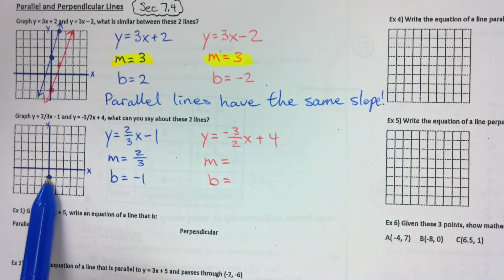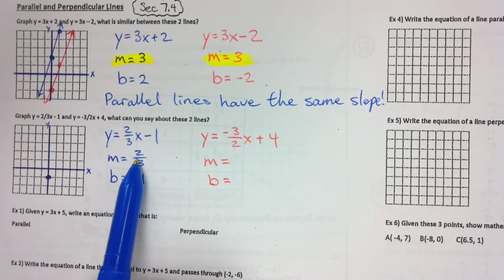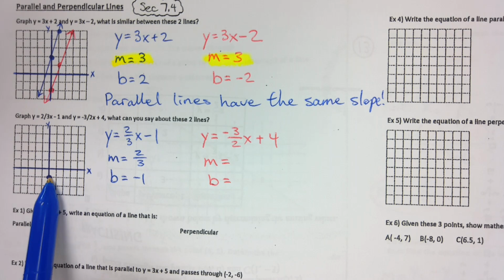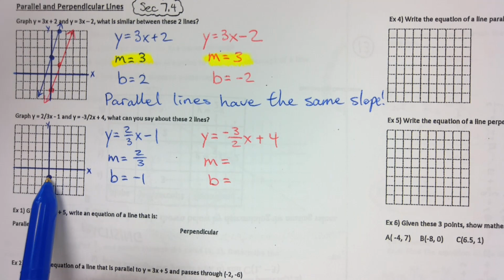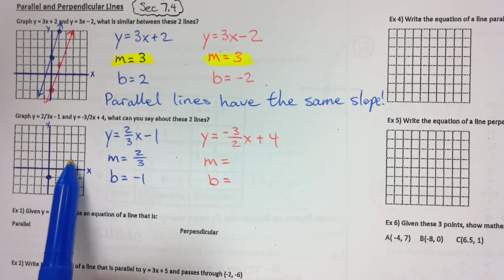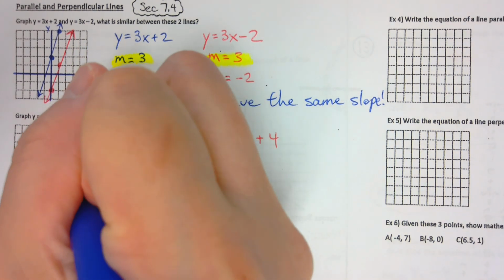And then from this point, what am I going to do? Take the elevator. Rise or run, so you go up 2. Then 3, right. So it brings me to this point.